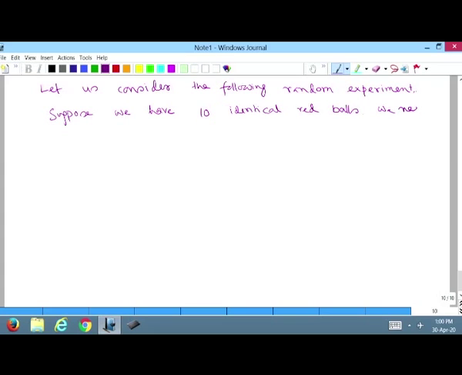We need to put them in 3 boxes such that none of the boxes is empty.